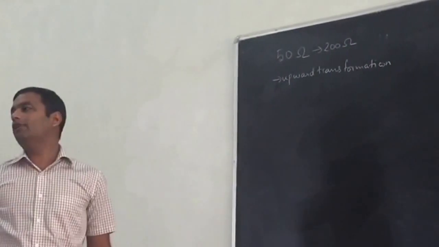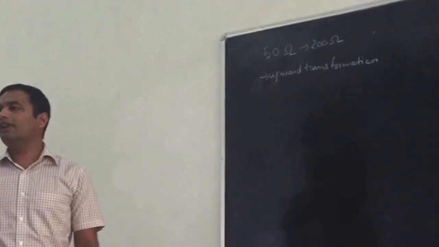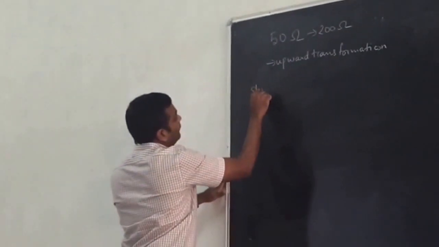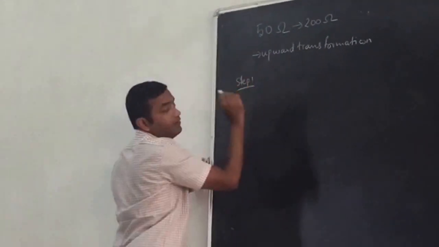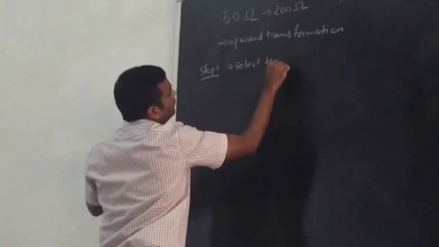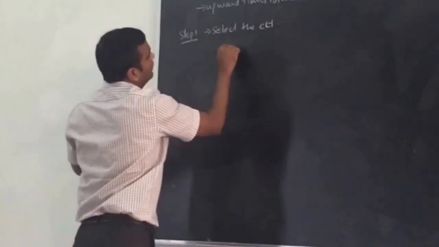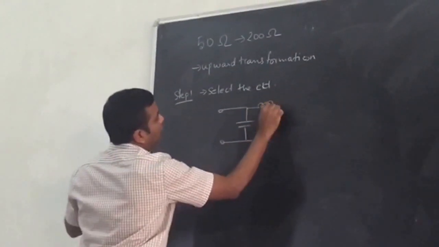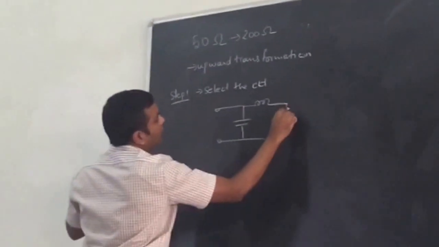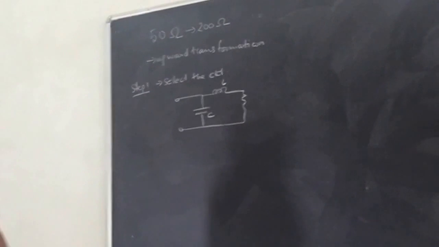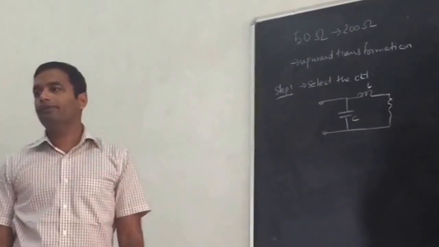So if I have an upward transformation, I will need to select a circuit. Step one is select the circuit. I will select a CL circuit.